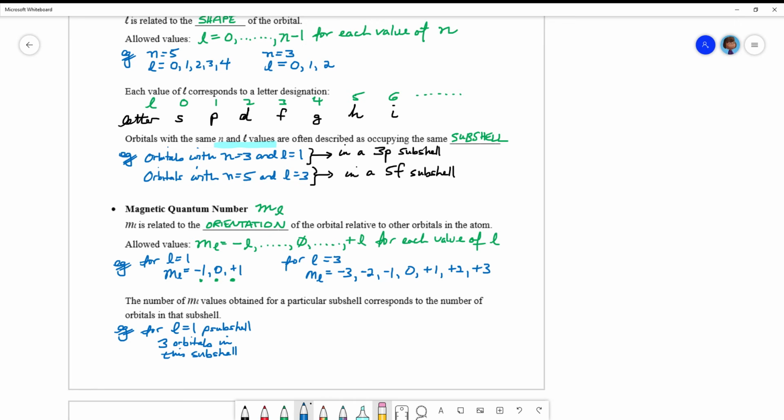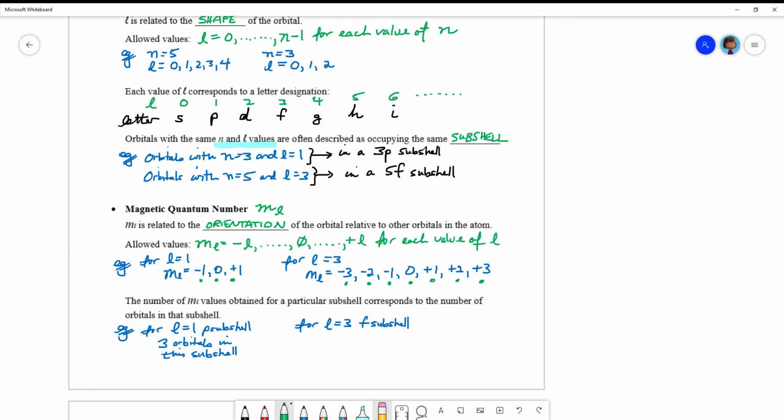And for the L equals 3 subshell, L equals 3 corresponds to F, so this is an F subshell. Well, we got m sub L values of negative 3, negative 2, negative 1, 0, positive 1, positive 2, positive 3.